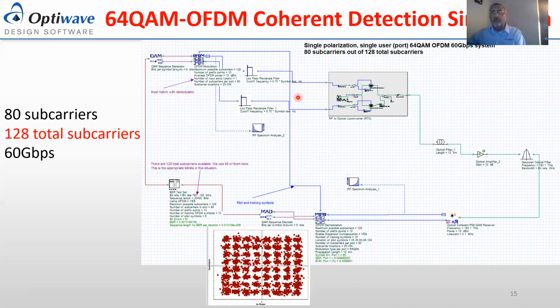Now, in the coherent example here, the 64 QAM scheme is also used for modulation, with 80 subcarriers at 60 gigabit per second. And you can see the system is able to transmit with about 6.4% EVM for the constellation.